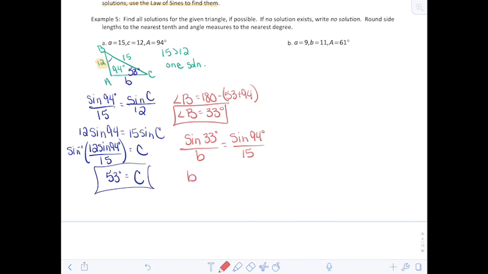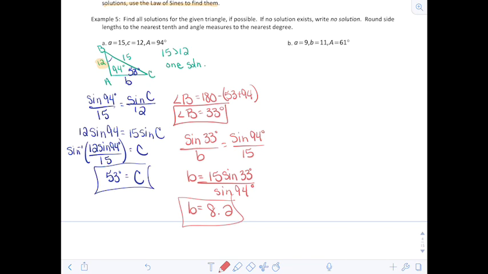So when I do the math on this, B is going to be 15 times the sine of 33 over the sine of 94. And we have side B equaling 8.2. All right, so that solves that triangle with one solution.